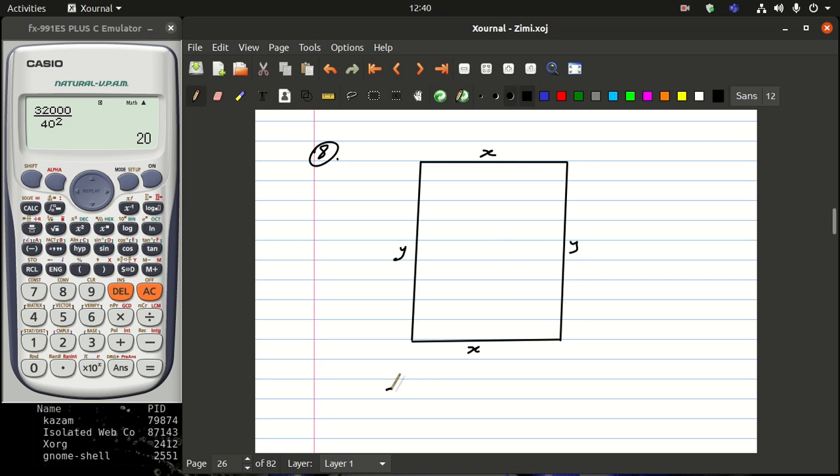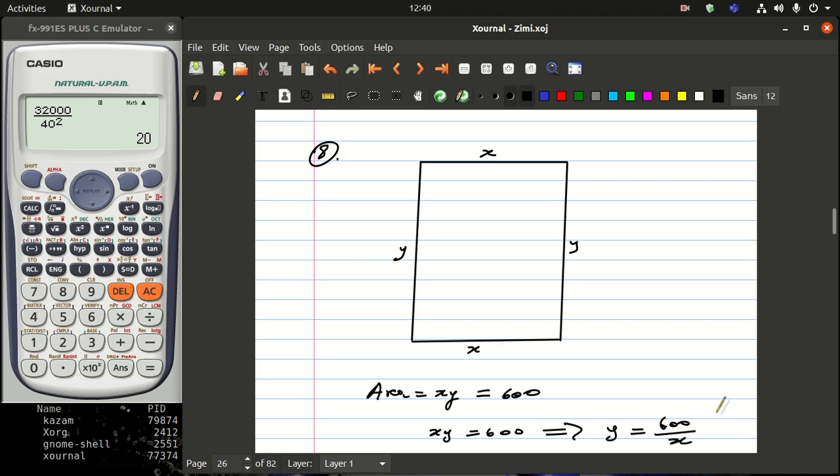So the area is equal to this side times that side, which is XY. It must be equal to 600. In other words, XY is equal to 600, which simply means our Y is equal to 600 divided by X. So we have our Y in terms of X. In other words, we have eliminated Y.